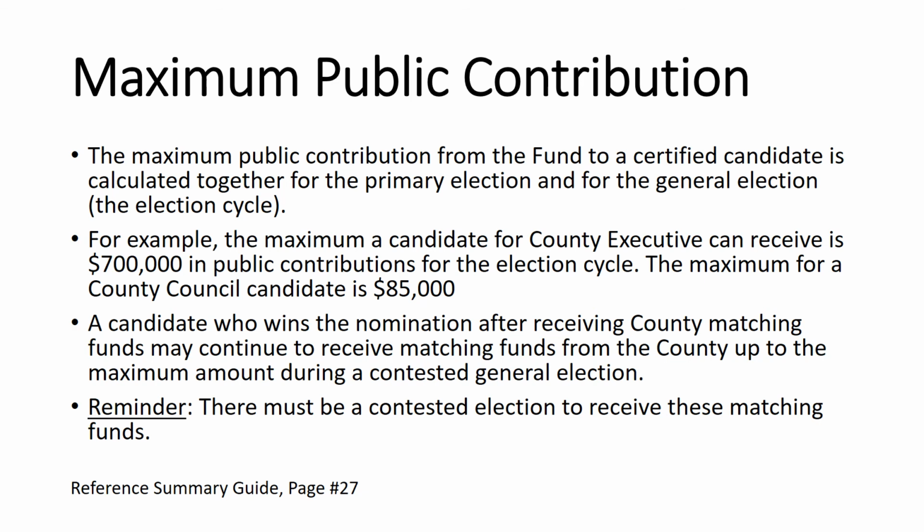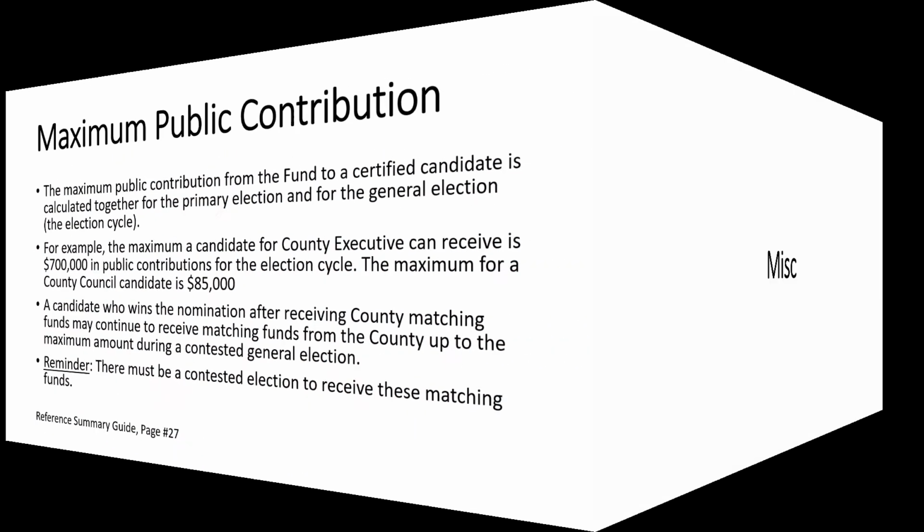For example, the maximum public contribution a certified candidate for county executive can receive is $700,000 in public contributions for the election cycle. But a reminder is that the election has to be contested to receive these matching funds.